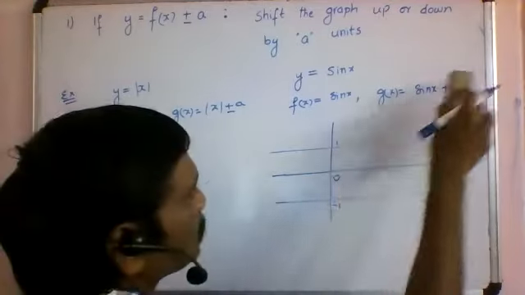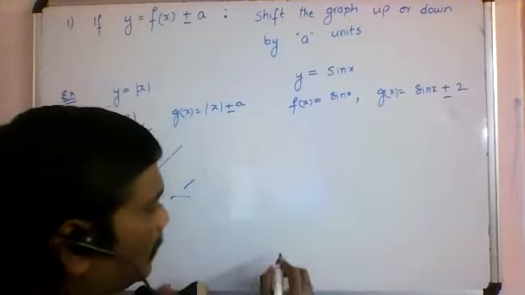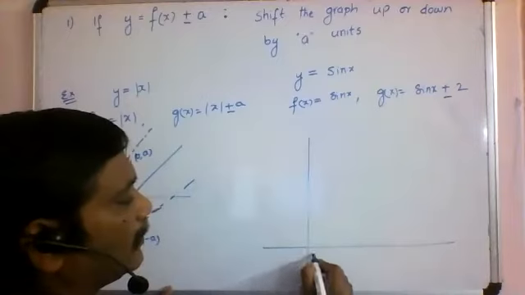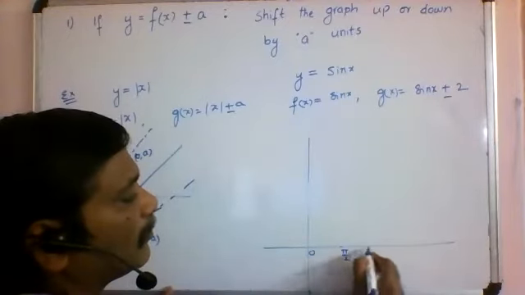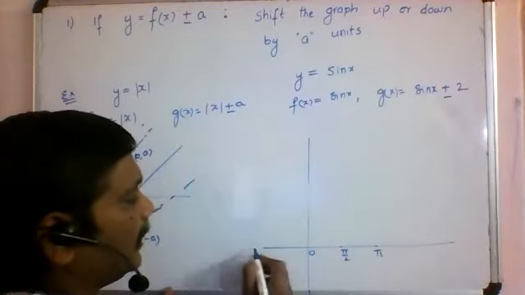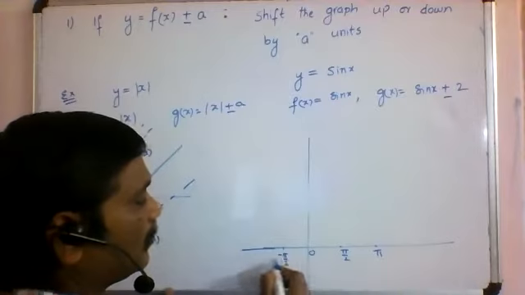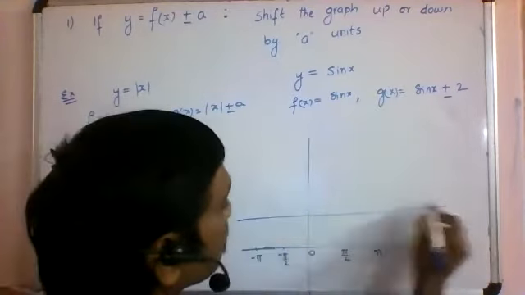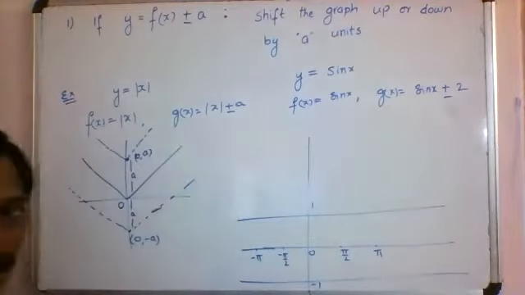Because we require plus 2, I draw this a little bit down. Here 0, here pi by 2. Let me take up to pi this side also, minus pi by 2, minus pi.